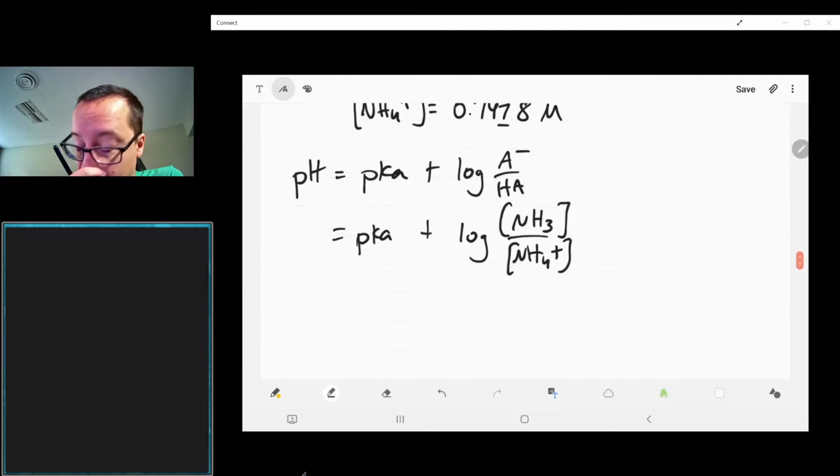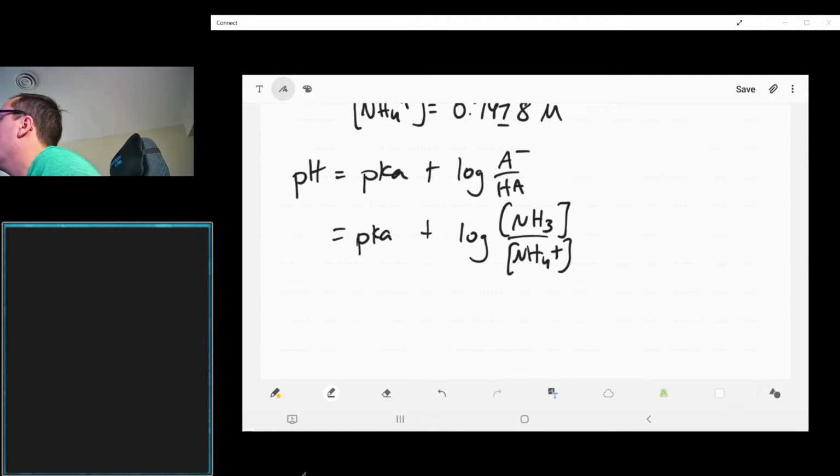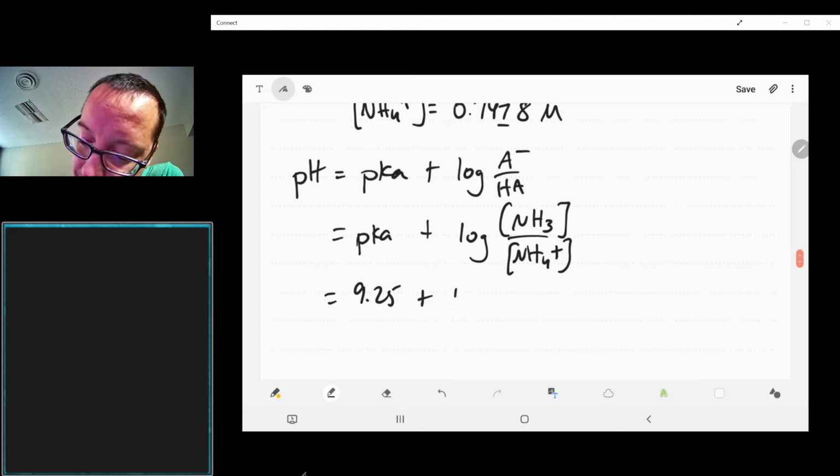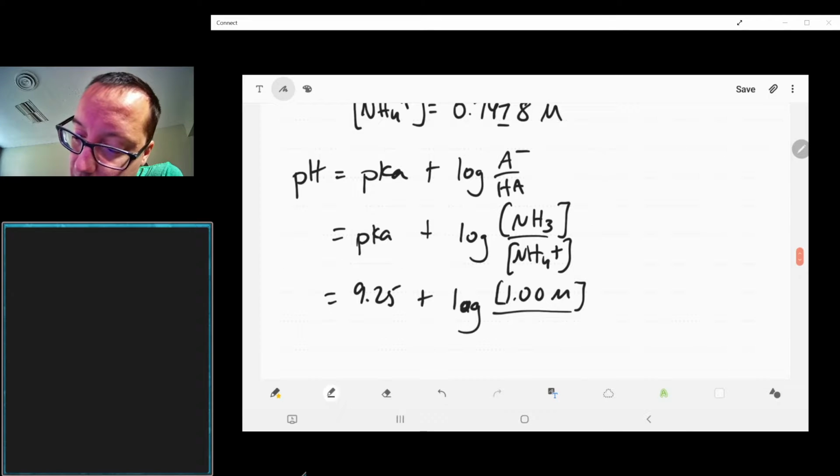And so we're going to need the pKa of the ammonium ion. So let's go ahead and look that up on our chart. The ammonium ion has a pKa of 9.25. We had 1 for our ammonia, and then we just calculated the ammonium to be 0.7478.